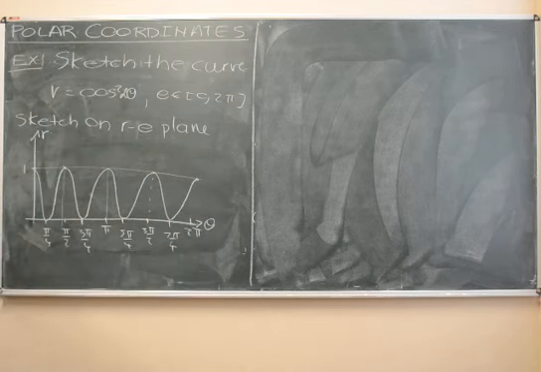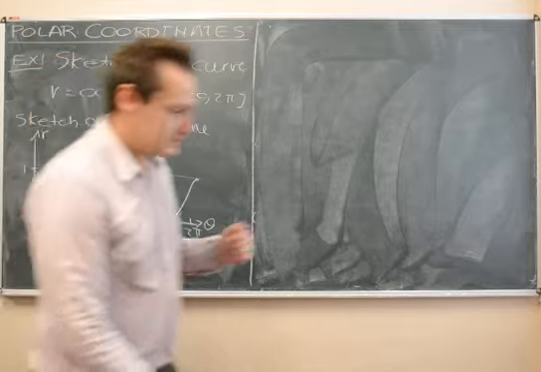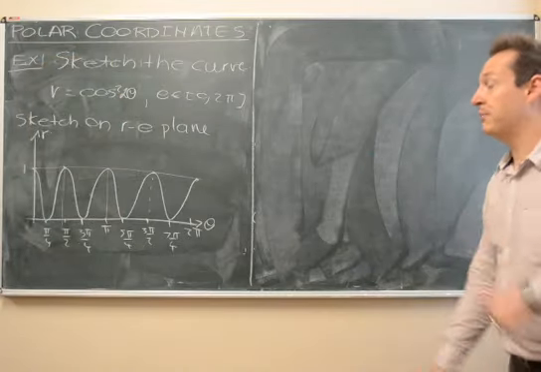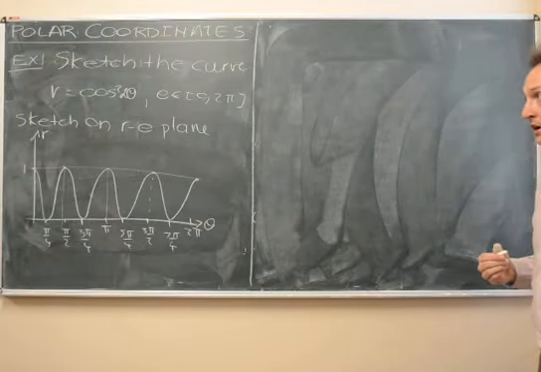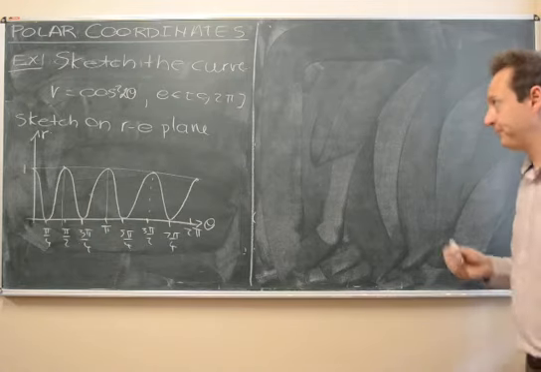So it's not a very good sketch because my scale isn't always 100%, but it gives us an idea of what's going on. So now how do we sketch the curve on the xy plane using what I've drawn there, the curve on the r theta plane?